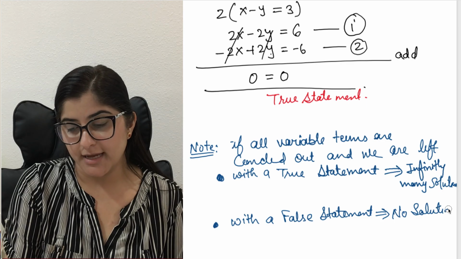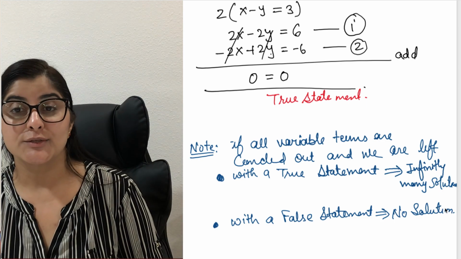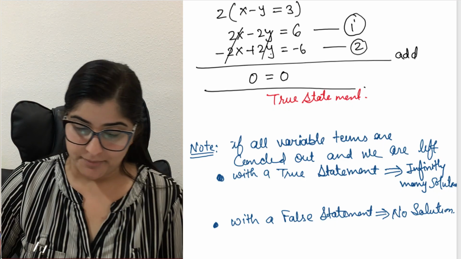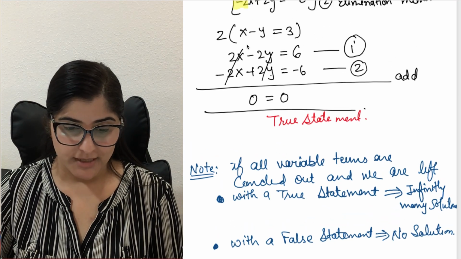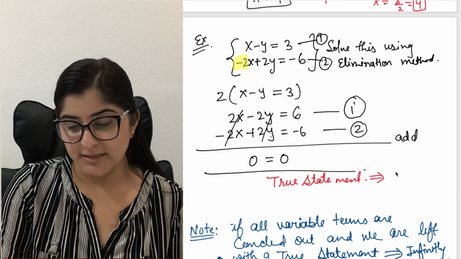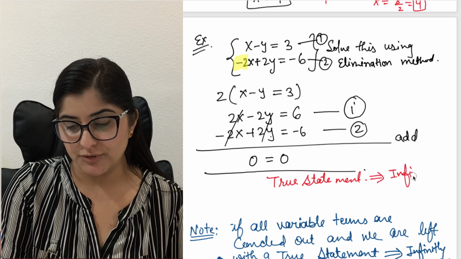You cannot find any point that satisfies both lines or lies on both lines. In this example, we get 0 is equal to 0. That is a true statement, so we can say infinitely many solutions.